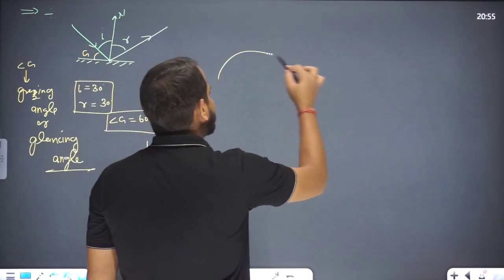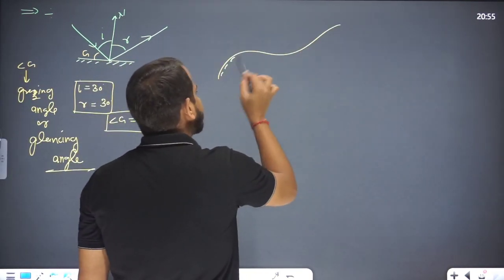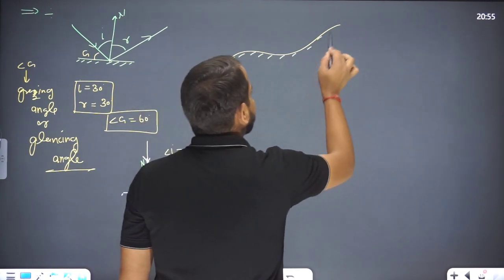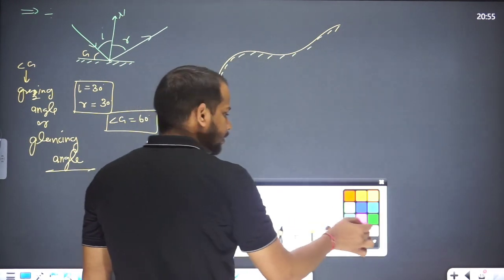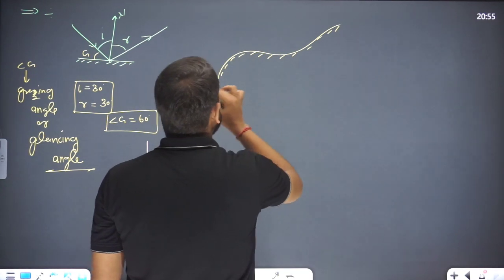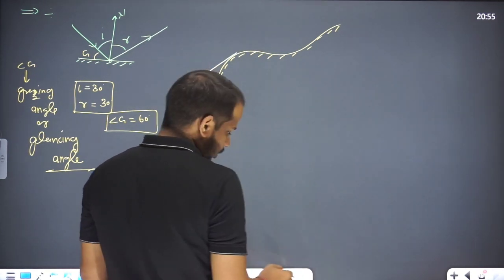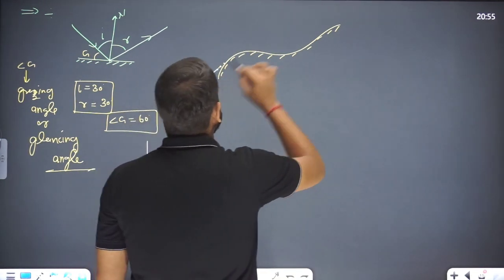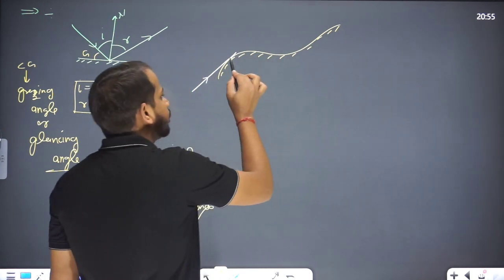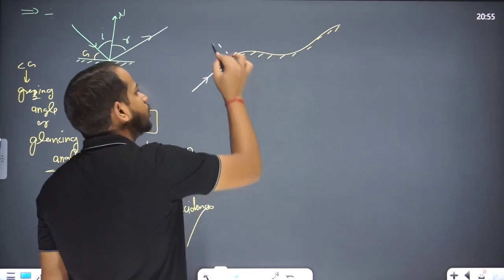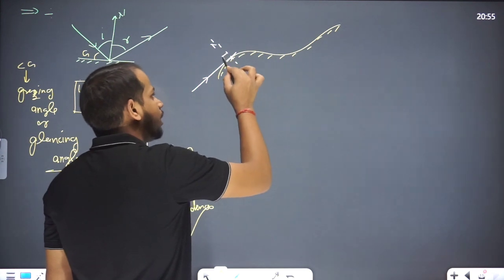If I am saying the surface looks like this, and light is incident on this one, we have to draw the normal on this one, right? So you know the angle is 90.